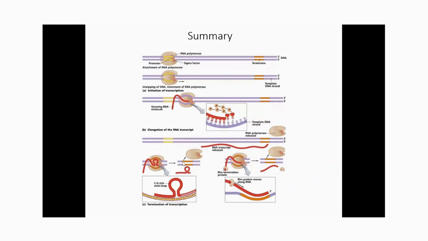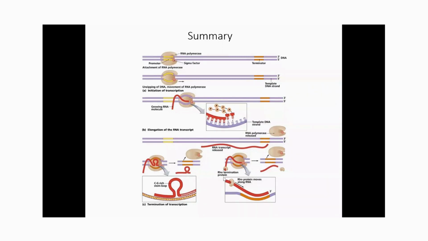So this is the termination of the transcription, and it takes place in two ways. The first way is rho independent termination: because of the presence of the inverted repeats, a double strand structure forms in the RNA molecule, and then the transcription process stops.